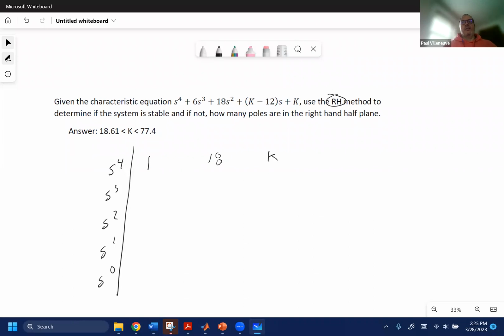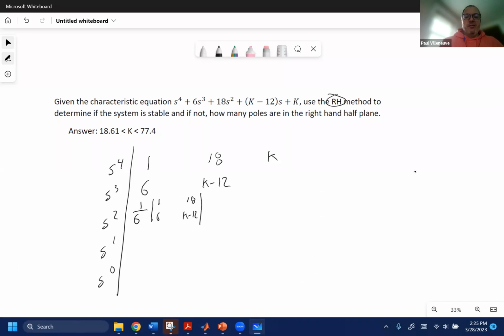There's our first row. Now we're going to go down to our second row and use the s cubed coefficient and the s to the 1 coefficient. Now we're going to solve for the parameter. So it is 1/6 times the determinant of 1 18, 6 K minus 12.